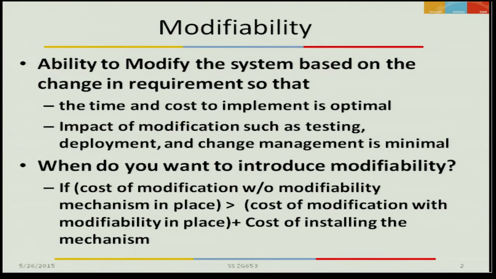So the cost of modification without modifiability mechanism in place means that the software has been written without modifiability in mind, in an ad hoc manner, and a change request comes, and it is executed by looking at the extent of the change, modifying the code, doing the testing, deployment, change management, and so on.